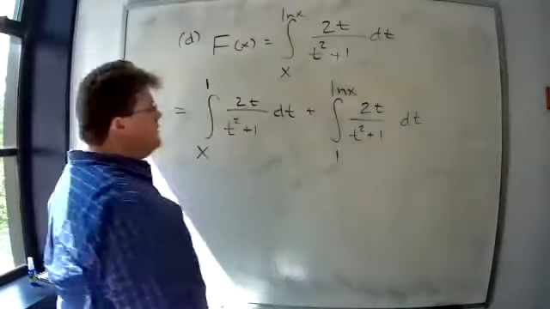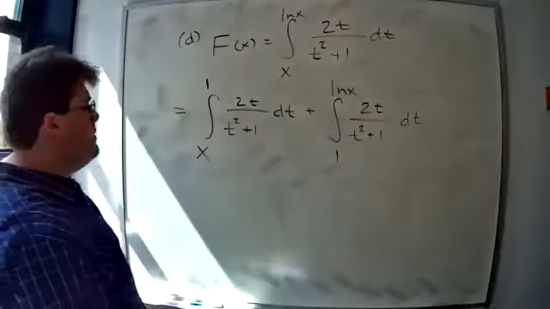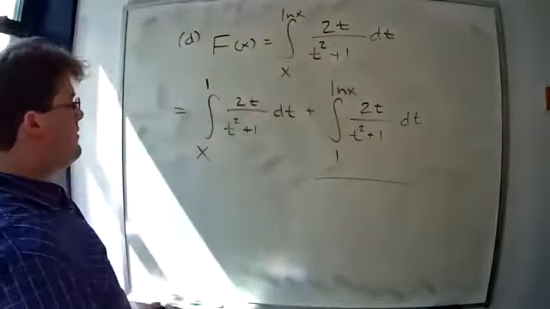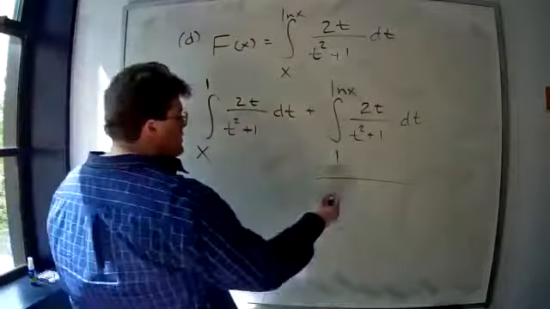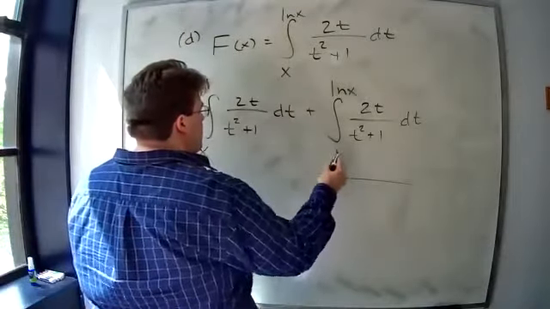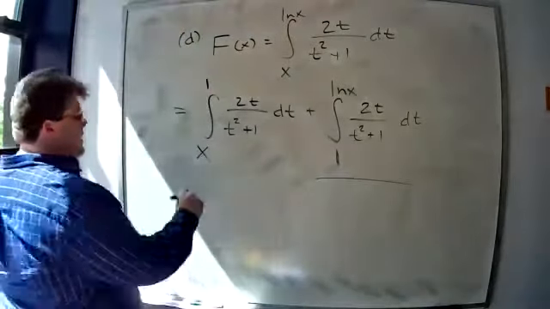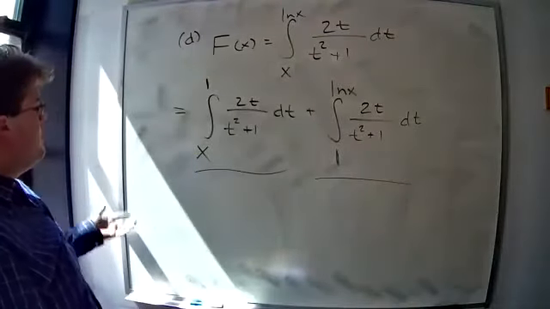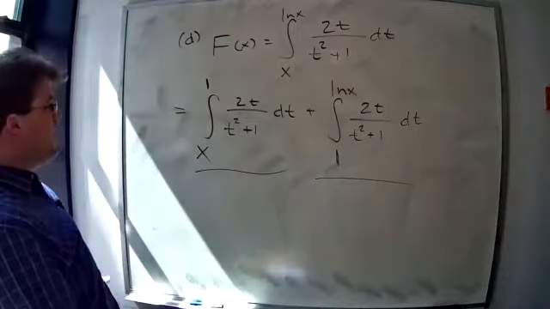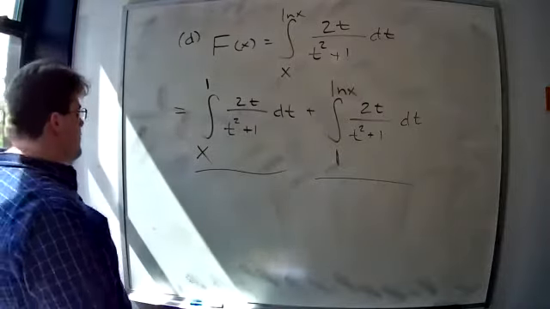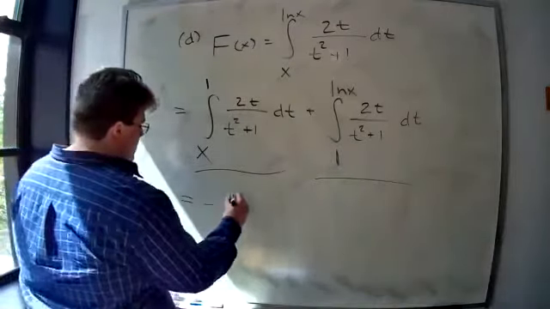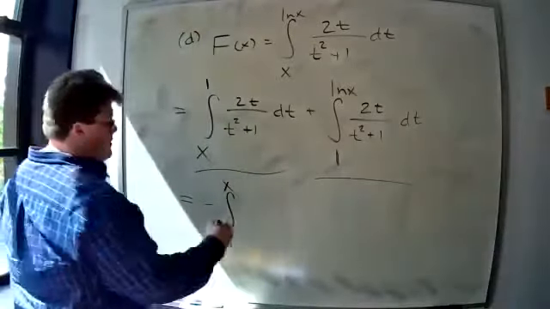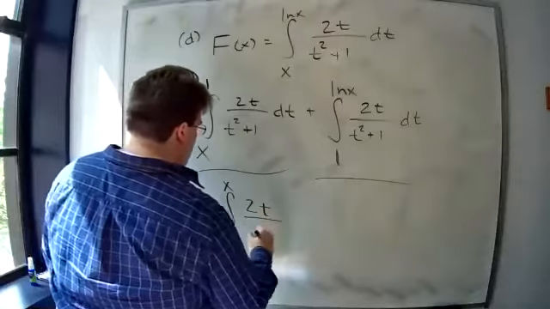Now, we have two integrals here that we need to take the derivatives of. This one, we can apply the first part of the fundamental theorem of calculus and the chain rule, because the lower bound is a number and the upper bound is a function of x. But here, we're back in part C again, where the lower bound is a function of x and the upper bound is a number. So we need to flip that around by throwing a negative on it.